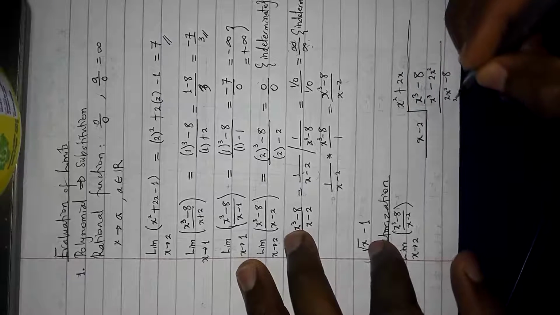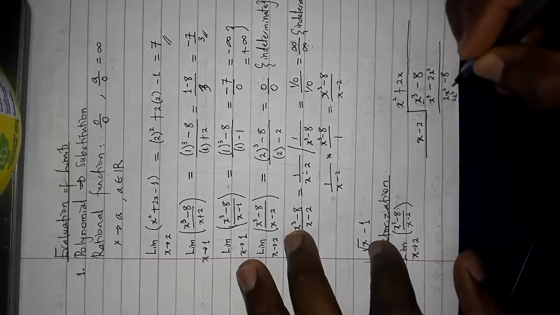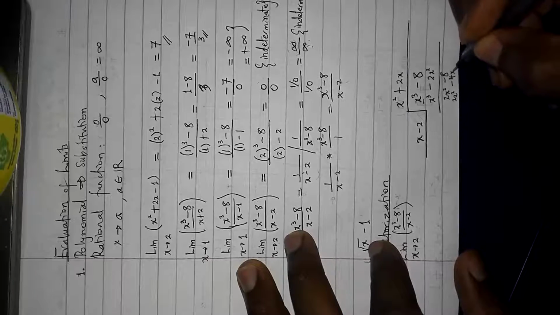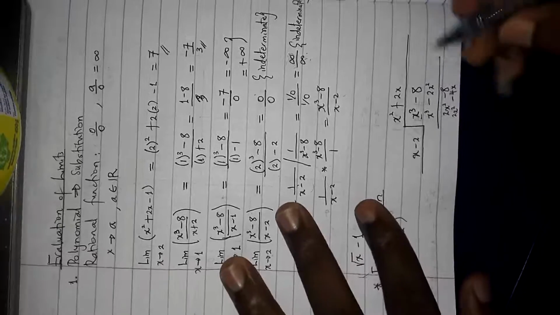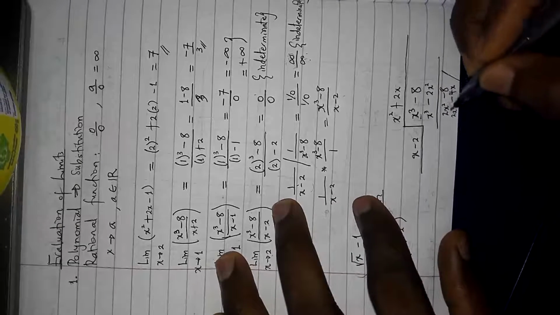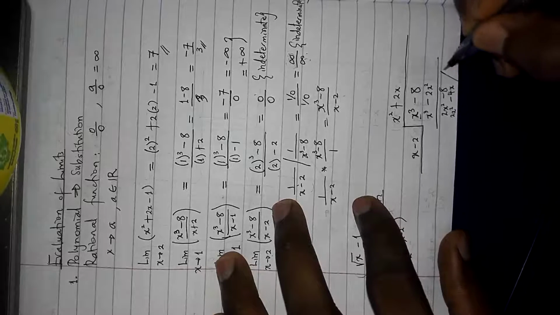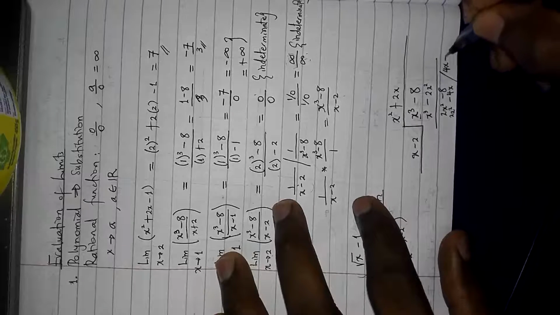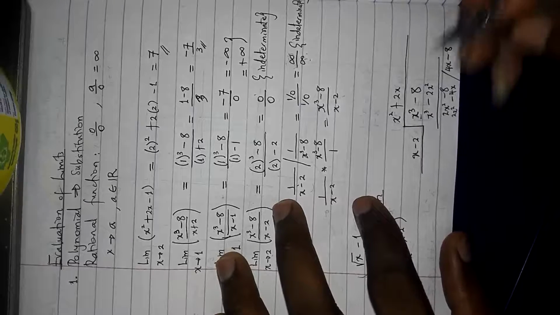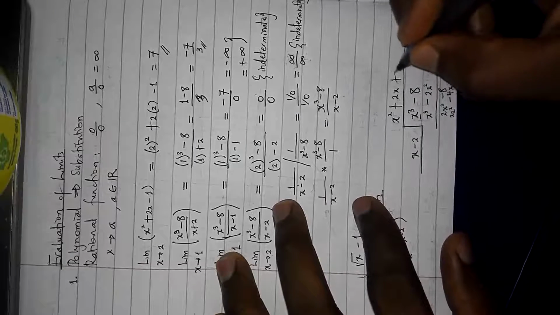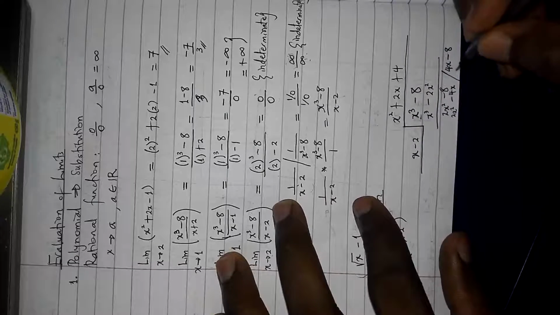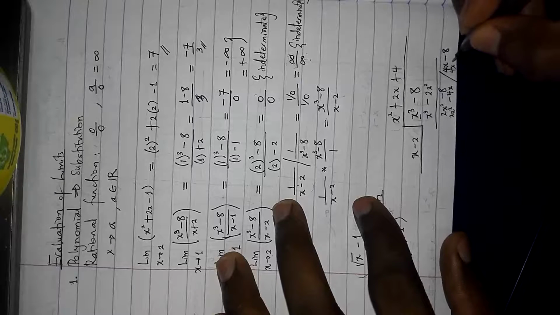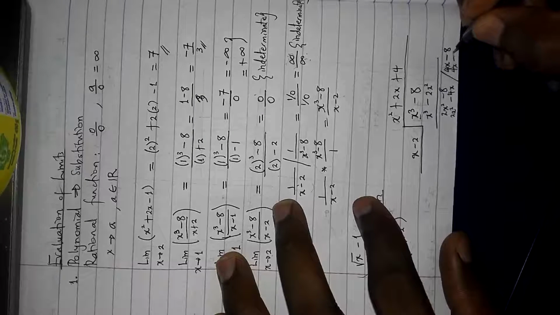That gives you 2x squared minus 4x when you multiply this and this. When you subtract, we cancel this, so at the end of the day you have 4x minus 8. Then x in this is 4, so you have plus 4. 4 multiplied by this is 4x, multiplied by 2 minus 2 is minus 8.